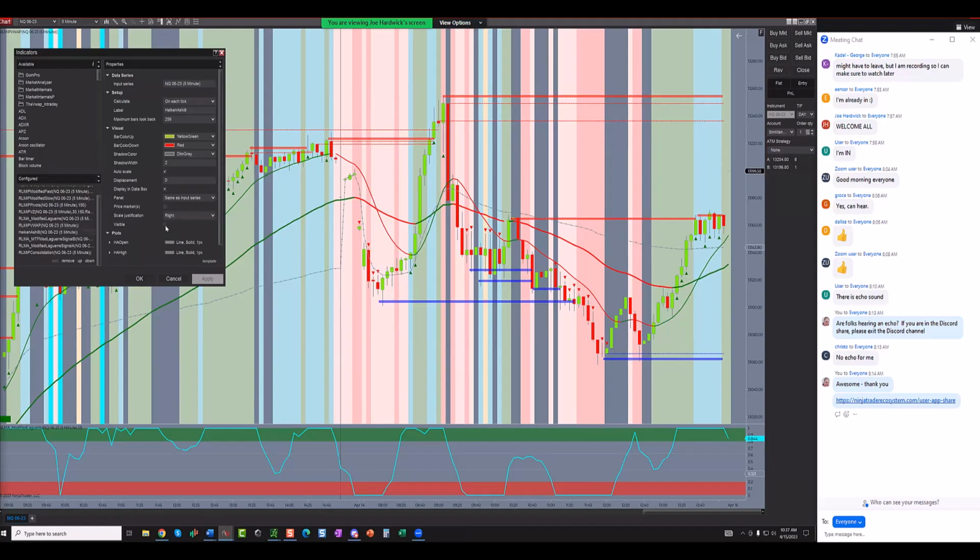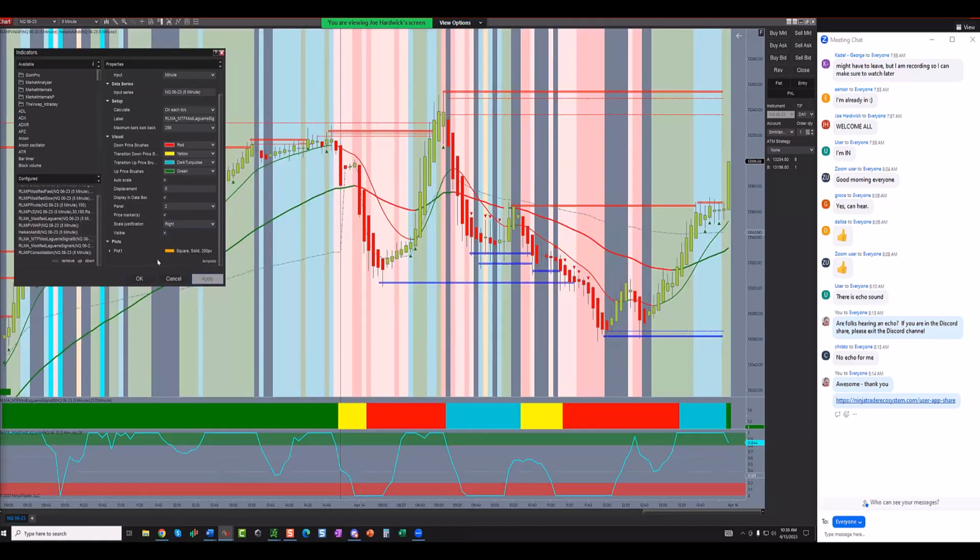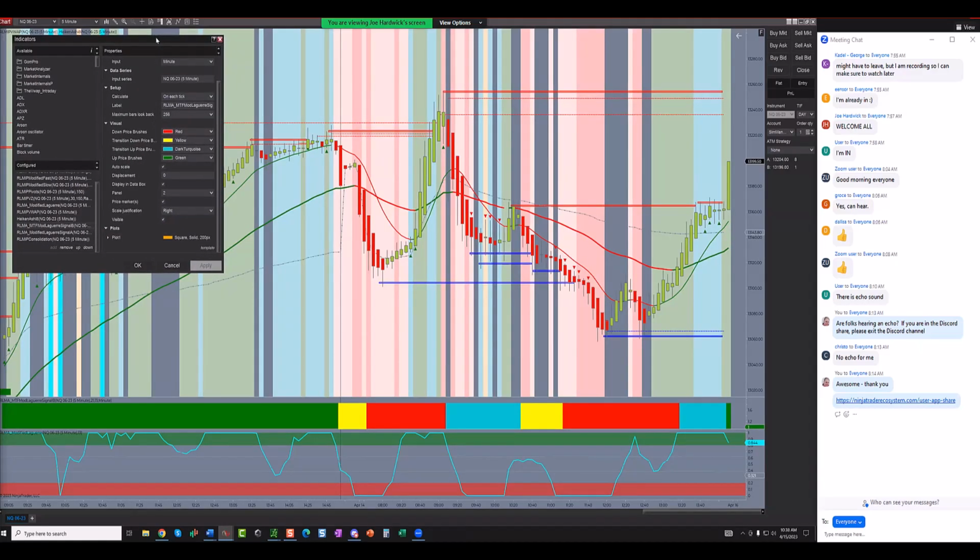I'm going to turn my Heikin-Ashi back on. All right, more colors. This is the same thing as your chart background, but it's running on a different bias setting.